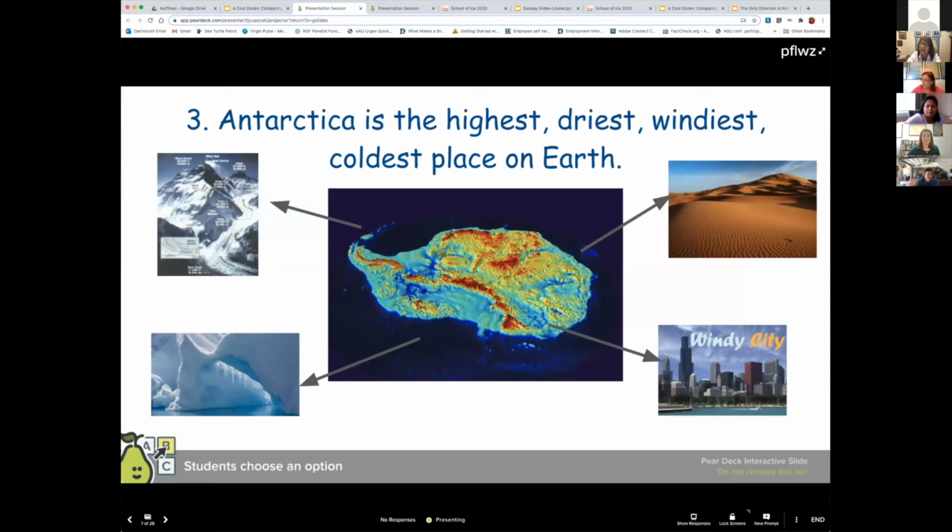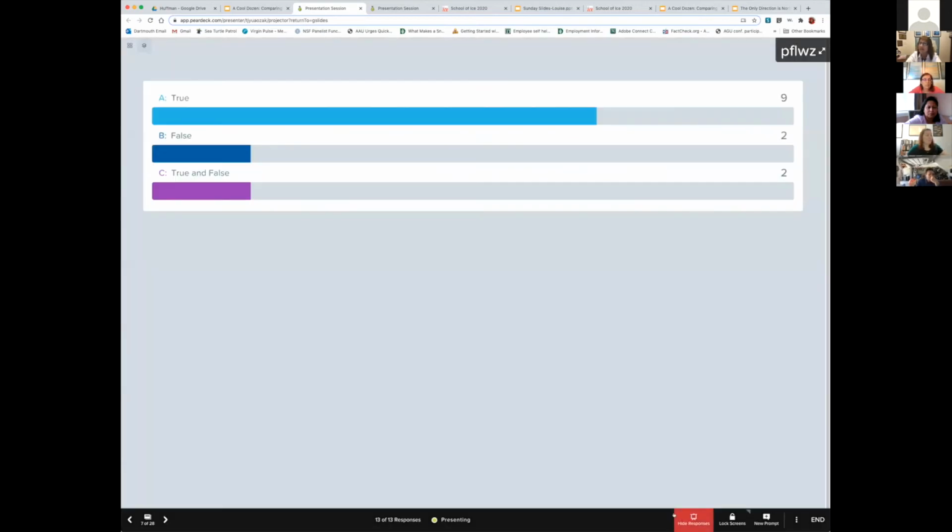Antarctica is the highest, driest, windiest, coldest place on Earth. Okay, most said true, a couple false, a couple true and false.